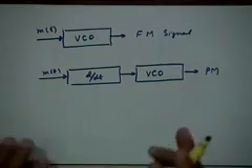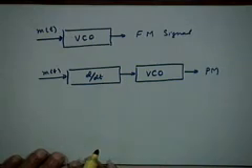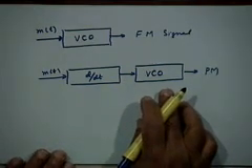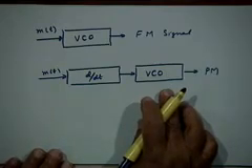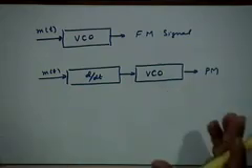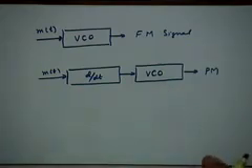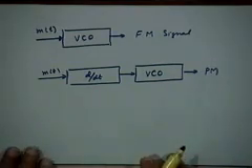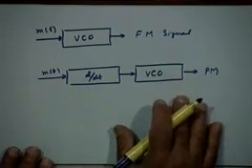I don't have to repeat it, but just to complete the discussion, remember that the instantaneous frequency of a PM signal would be proportional to the derivative of the message signal, isn't it? It's obvious, because instantaneous phase deviation is proportional to the message signal m(t). So the instantaneous frequency deviation will depend on the derivative of the message signal, because the instantaneous frequency is the derivative of the instantaneous phase. So this is how it comes.